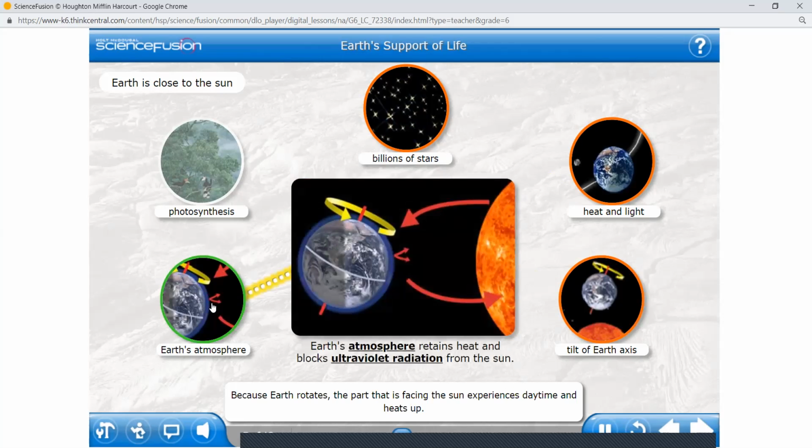Okay. Because Earth rotates, the part that is facing the Sun experiences daytime and heats up. That part cools down during the nighttime when it doesn't face the Sun. But the atmosphere prevents all the heat from escaping at night. The ozone layer of the atmosphere also blocks much of the harmful ultraviolet radiation that comes from the Sun.